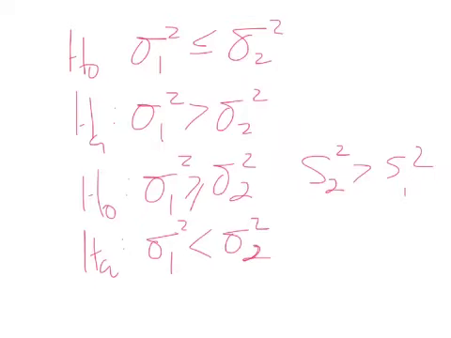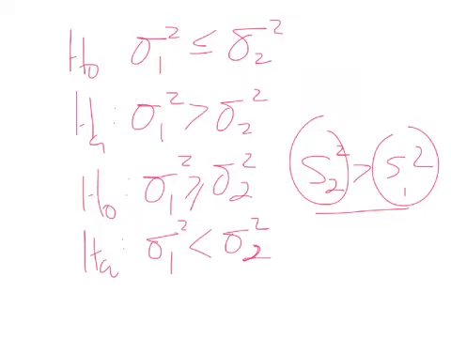So what would happen now is that if it turns out that S2 squared is greater than S1 squared, then we may very well find evidence that the variance from population 2 is greater than that of population 1, which is also evidence that the variance from population 1 is not greater than the variance from population 2. So you could always look at the sample data and then establish the hypothesis to match this relationship that we're looking for, which is that we will put the higher sample variance in the numerator.